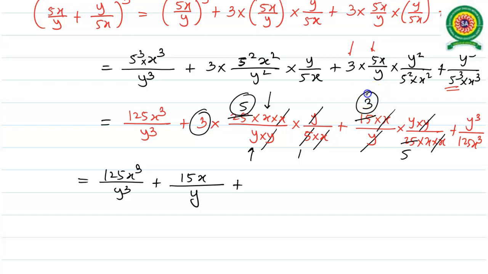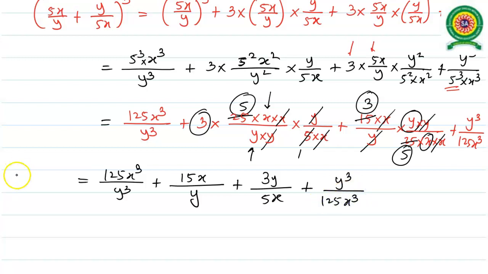So over the numerator we have 3 into y, that means 3y, divided by 5 into x in the denominator, 5x, plus y cube divided by 125 x cube as it is. So this is the expansion for 5x divided by y plus y divided by 5x the whole cube.